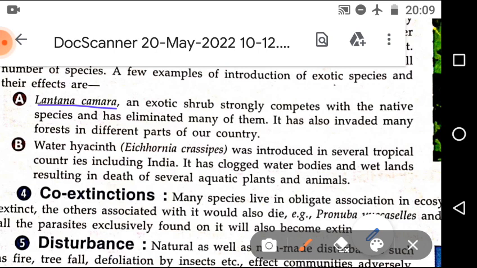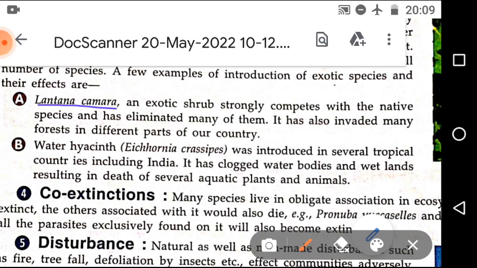Due to this, most of the insects pollinate that plant, and due to too much pollination, these plants' population gets doubled within a short period of time, just like a weed. And the other plants, the native plants, are going to decline.